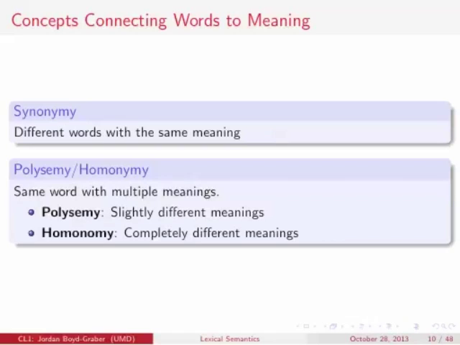Polysemy and homonymy are two distinct concepts, but they're related. So polysemy is when the same word has slightly different meanings, and homonymy is when the same word has completely different meanings. So let's see examples of these.